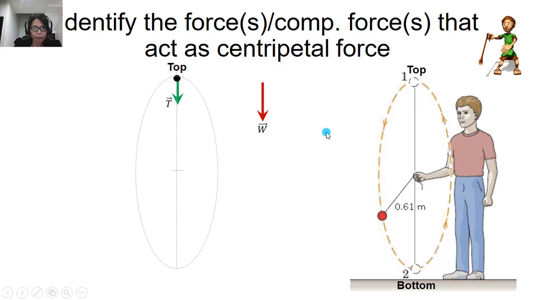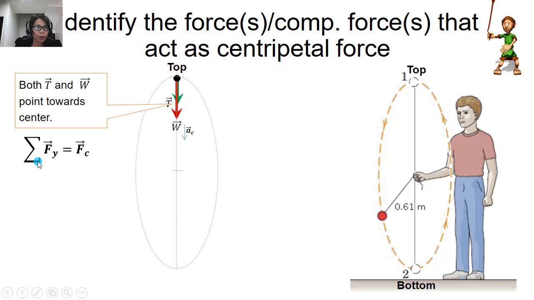Put it in the form of a free body diagram. Just now we already said the direction towards the center is positive. Tension and weight both point towards the center of the circle. So the summation of force along this y-axis equals the centripetal force in order to cause the circular motion. So we have T plus W equals mv squared over r.